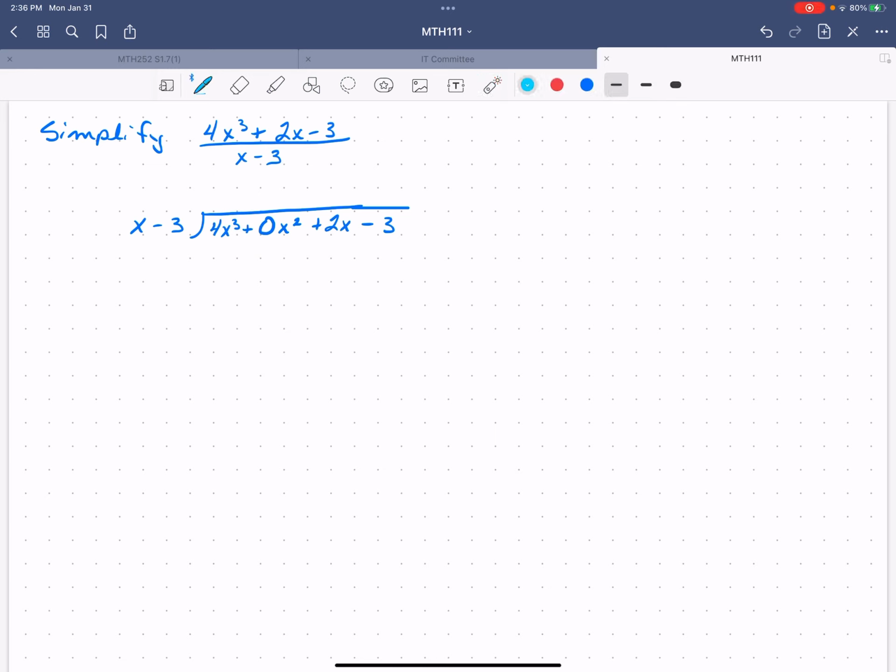And now I carry on as usual. So I would multiply x by 4x squared in order to get 4x to the third. Multiply that 4x squared through by x minus 3, and I get 4x to the third minus 12x squared. But I'm subtracting, so I'm actually going to add the opposite. And that gives me a 12x squared, and bring down the next term.